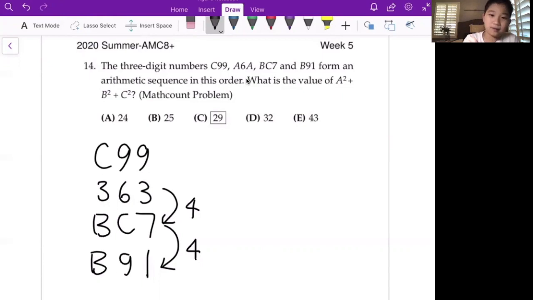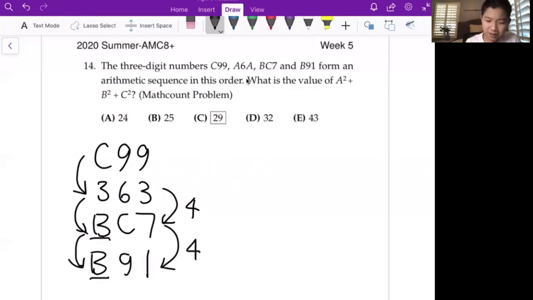And now, let's look at the hundreds digit. So C99, 363, BC7, B91. Wait, it's curious how these two B's are the same.